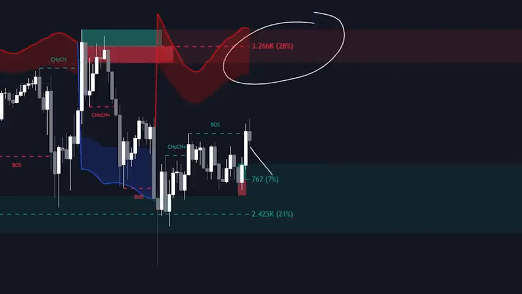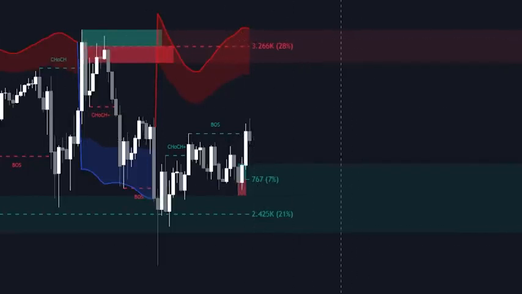So maybe in this specific example, you could either target an entry down here or just decide that this is enough confirmation for you and we want to target this general area that I've circled right here as our obvious point of interest for trading with these two indicators together. And what can we see?